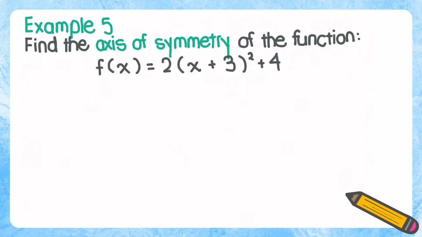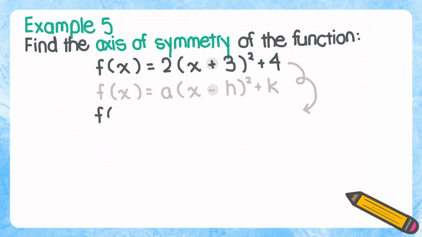The general vertex form is f of x equals a times x minus h quantity squared plus k. Again, we do not have an exact match, so we need to rewrite this function.